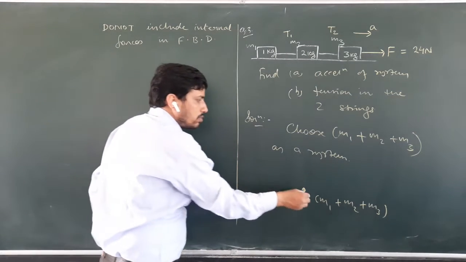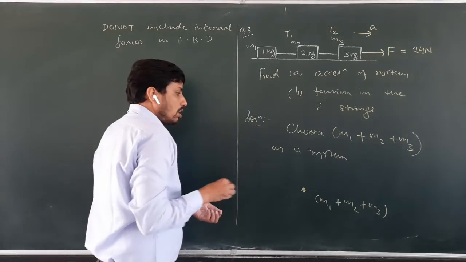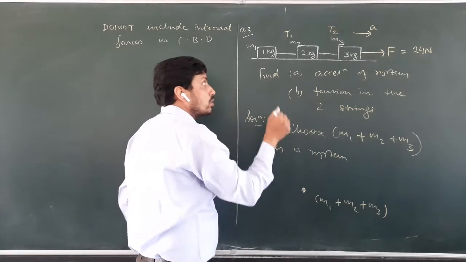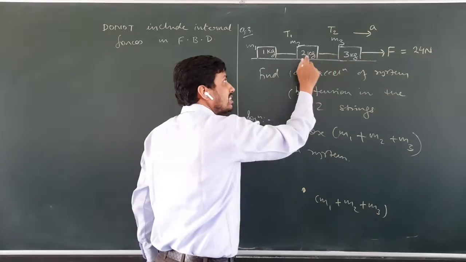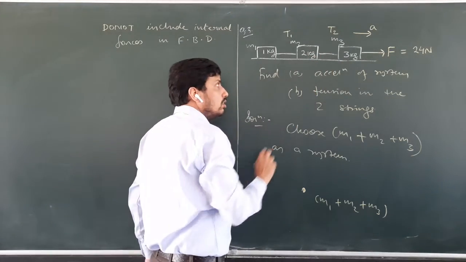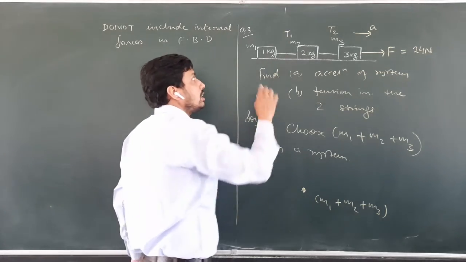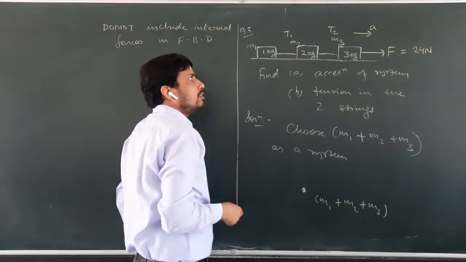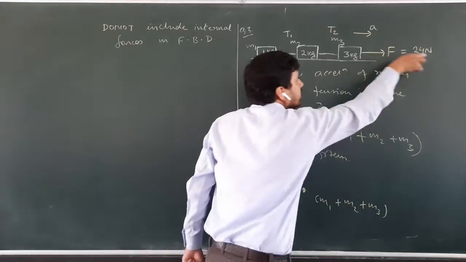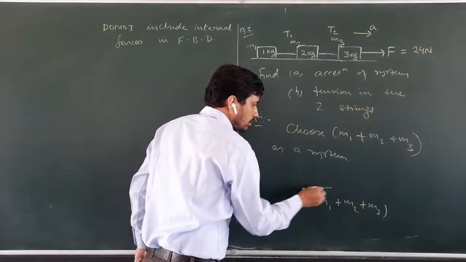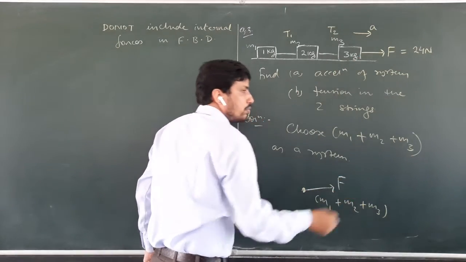Now, here M1 plus M2 plus M3 is the system. What are the forces? Forces which the part of the system are exerting on one another, that we will not include. So tension T1 and T2 should not be included here because they are internal forces. Outside the system, which are the forces acting? One is force F, that is 24 newtons.